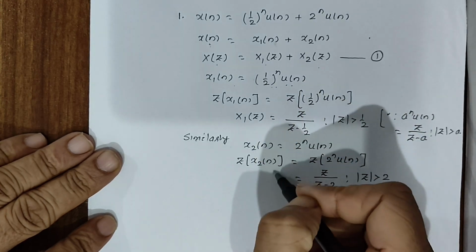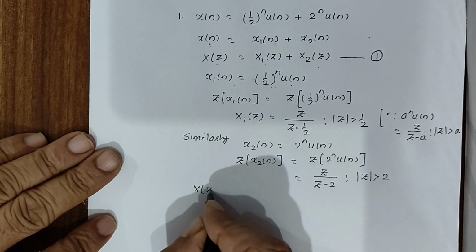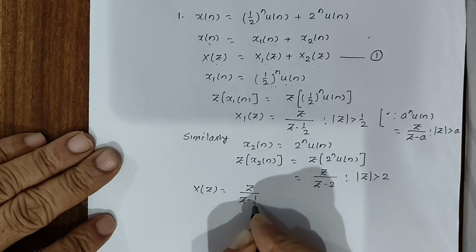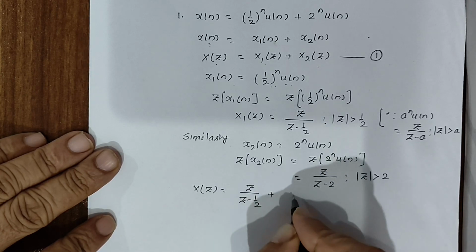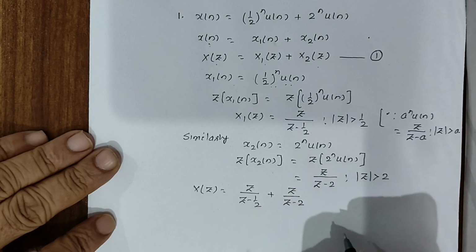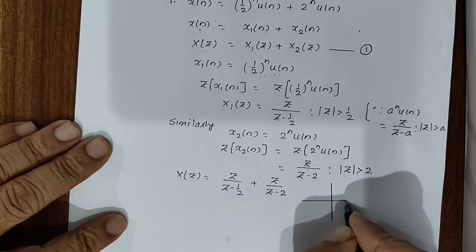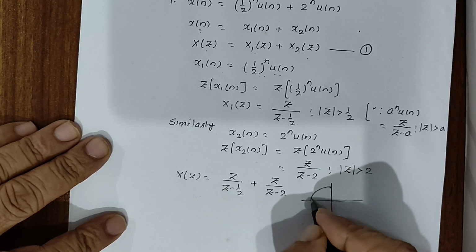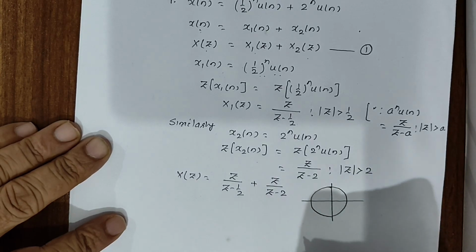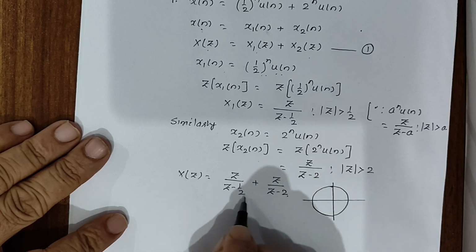Substitute X1 of z and X2 of z in equation 1. So X of z becomes z upon z minus 1/2 plus z upon z minus 2. And for the ROC, you draw a circle of radius 2. For the ROC, we have to choose the highest value from these two.